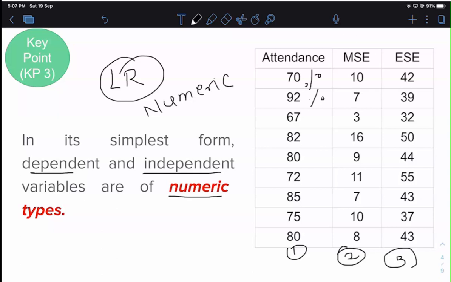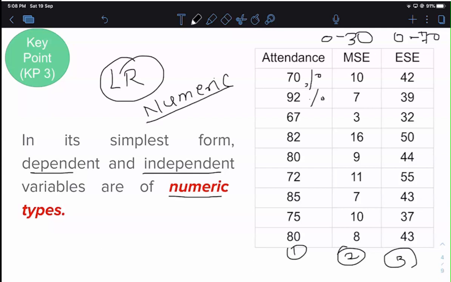The mid-semester examination marks are a numeric quantity in the range between 0 to 30, and the end semester examination marks are also a numeric quantity in the range between 0 to 70. When both MSE and ESE are added, it gives us the total academic performance of a student. So this is the purpose of the data set, and the linear regression technique uses only the numeric type of data.